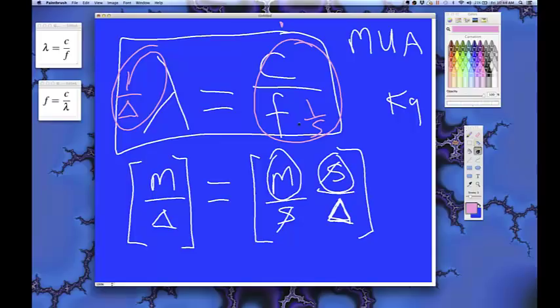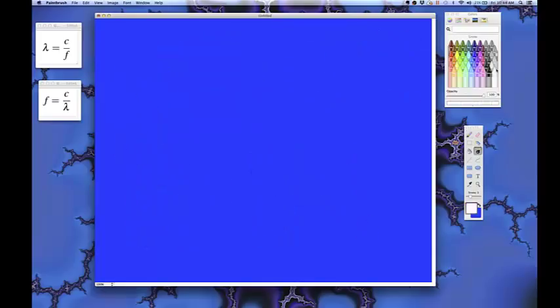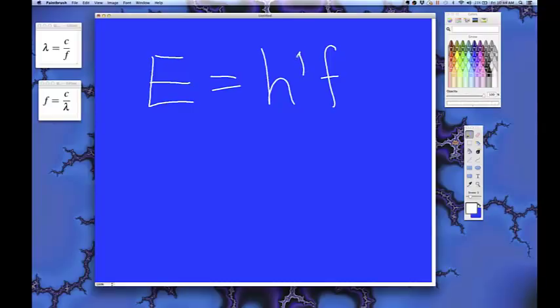Okay, so now I'm going to write the equation that I've been focusing on. E equals hf. And there's a little t in there that got set to 1. So in modified unit analysis, there's a little time parameter in there, and this is where the extra unit of seconds belongs.